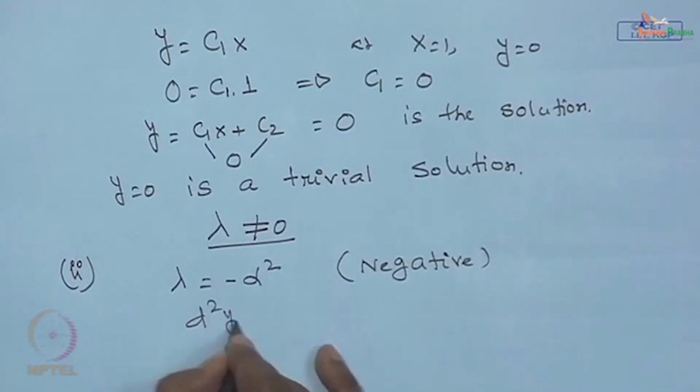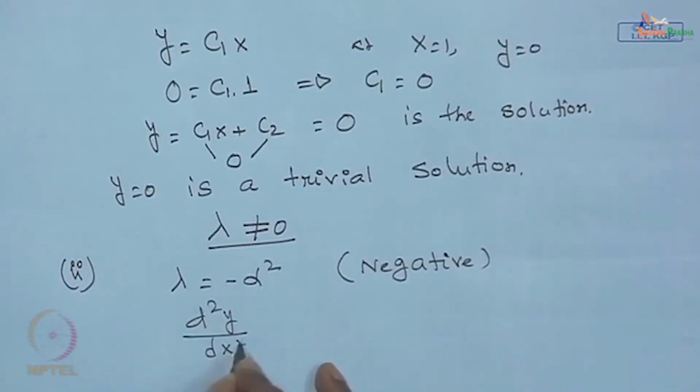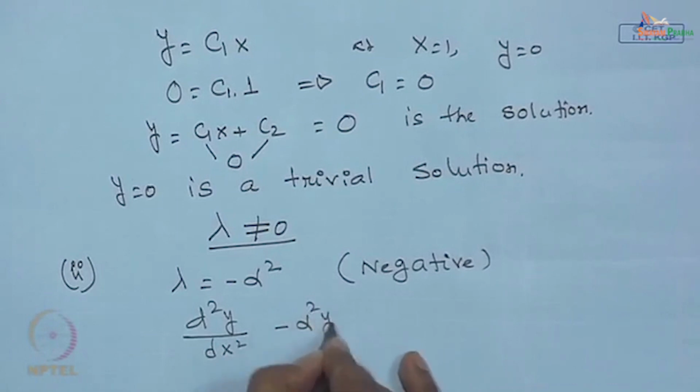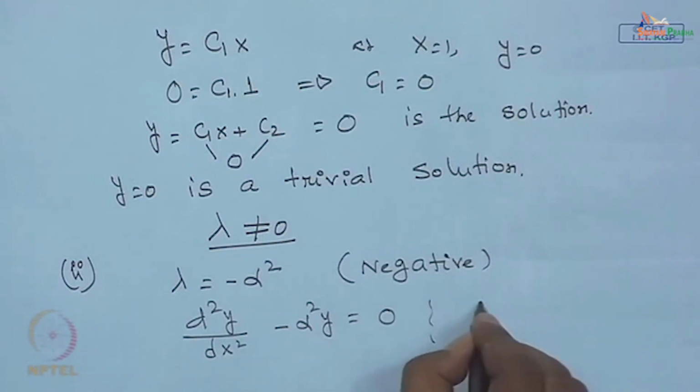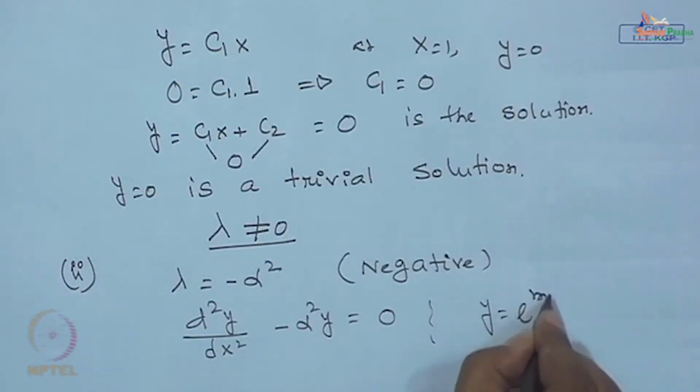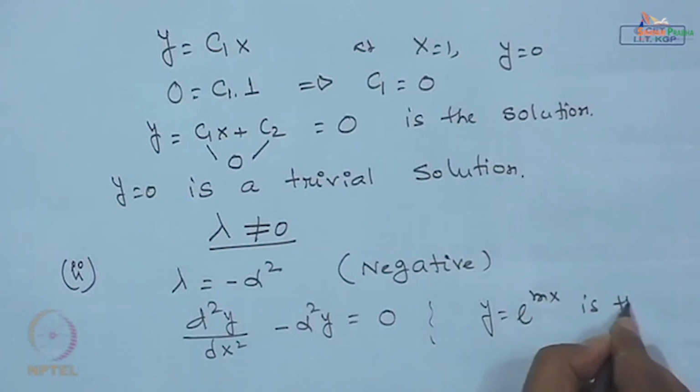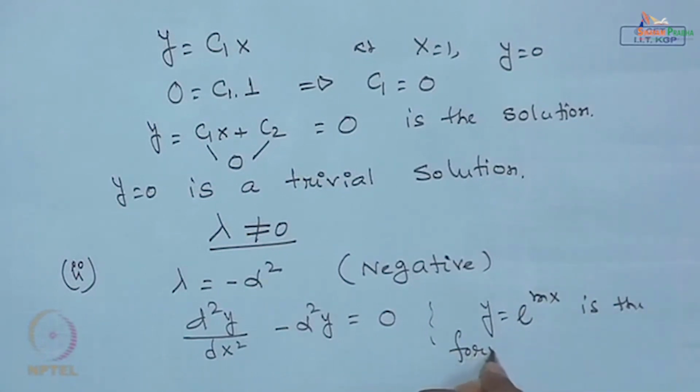The differential equation becomes d square y dx square minus alpha square y is equal to 0. If you know, the solution form is e to the power m x. So, the form of the solution is y is equal to e to the power m x.